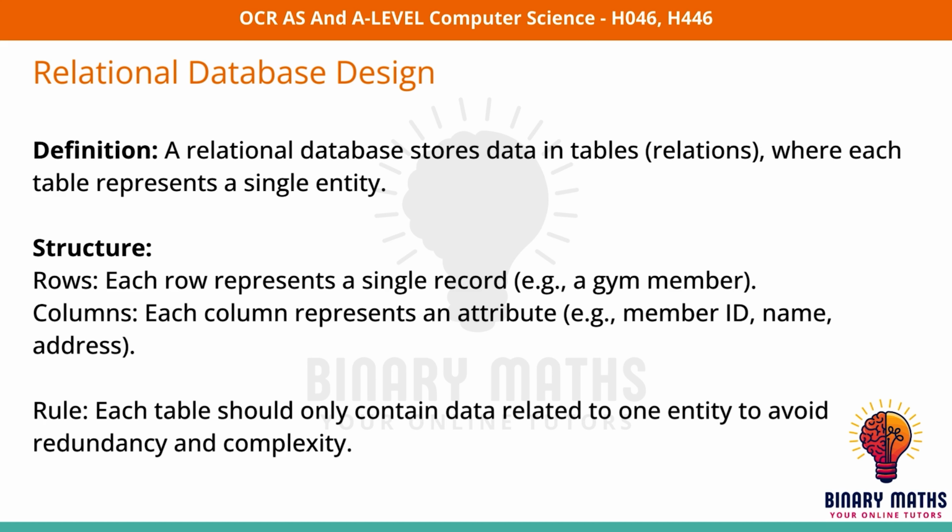Each row in the table represents a single record, like one gym member, and each column represents an attribute, like their name, address, or membership ID. The key rule here is that each table should only contain data related to one entity. This helps keep the database organized and avoids unnecessary complexity.